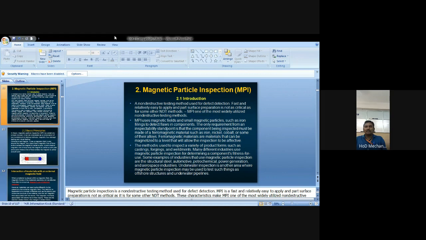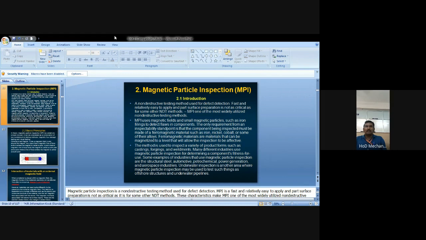Any defect in the turbine blade, turbine shaft, and also the accessories in the turbine is checked using magnetic particle inspection. Also, underwater inspection is another area where magnetic particle inspection may be used, to test things such as offshore structures and underwater pipelines.